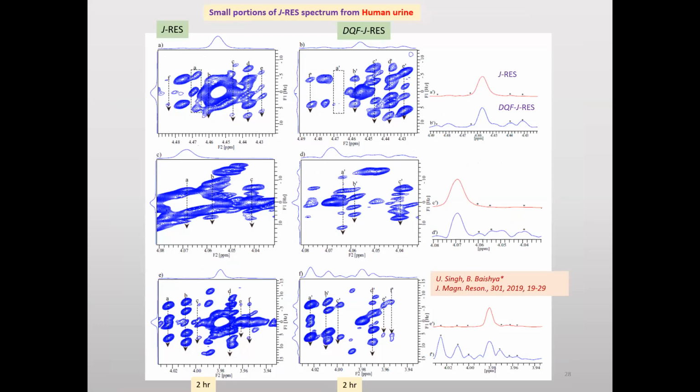For example, all the three spectra demonstrate that the singlet signals can be very effectively suppressed, and the weak intensity multiplets are properly visible in the double quantum filter Z result spectrum. So this is another way of getting high resolution. We just suppress the very intense singlet signals in biological complex mixtures like human urine, and then the multiplet information of the weak intensity multiplets is readily available from this kind of double quantum filter Z result spectroscopy. Next.